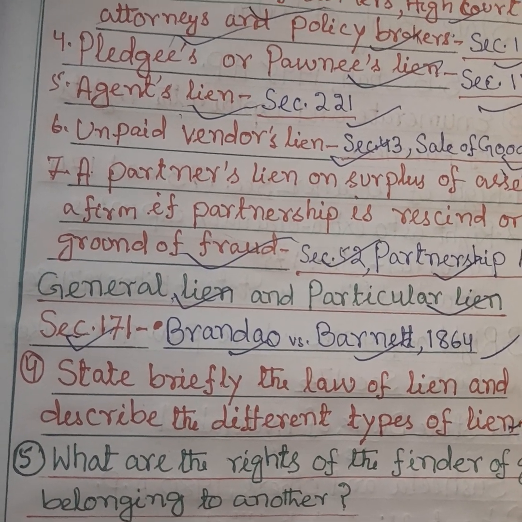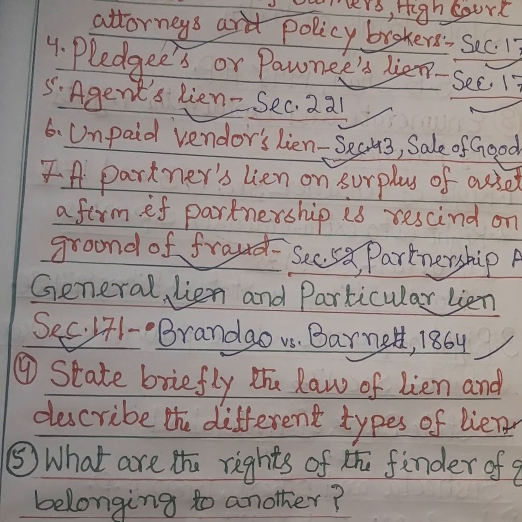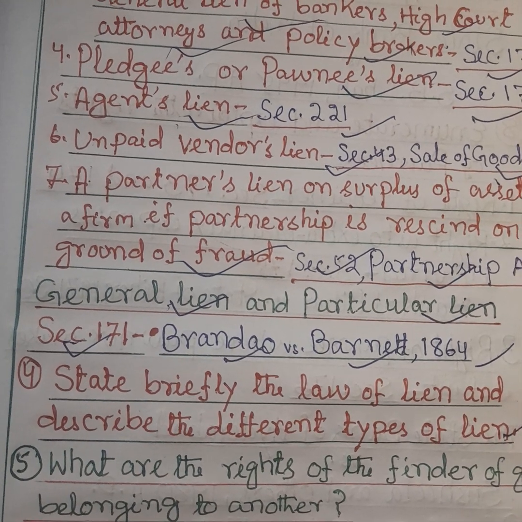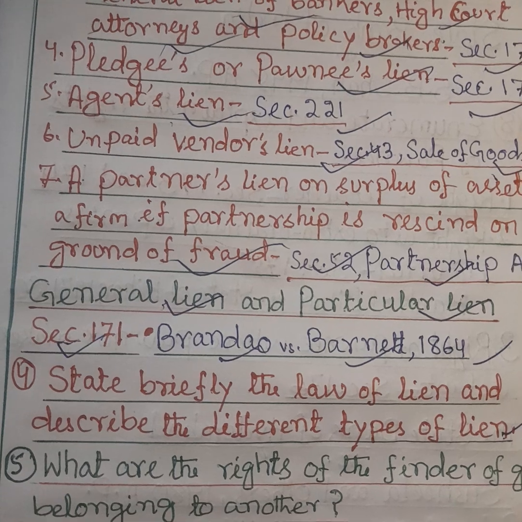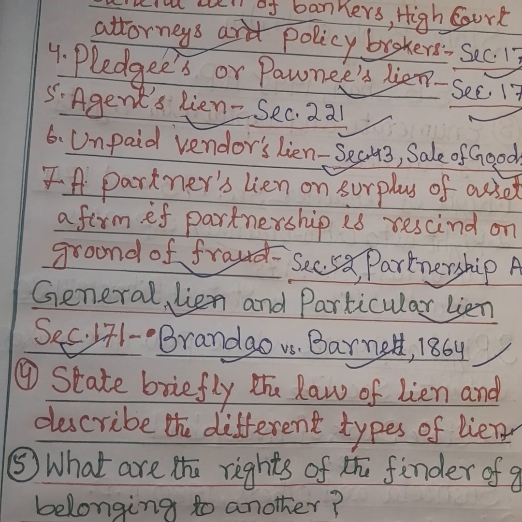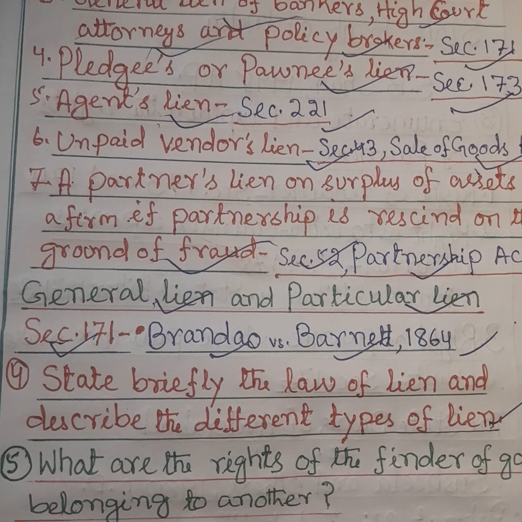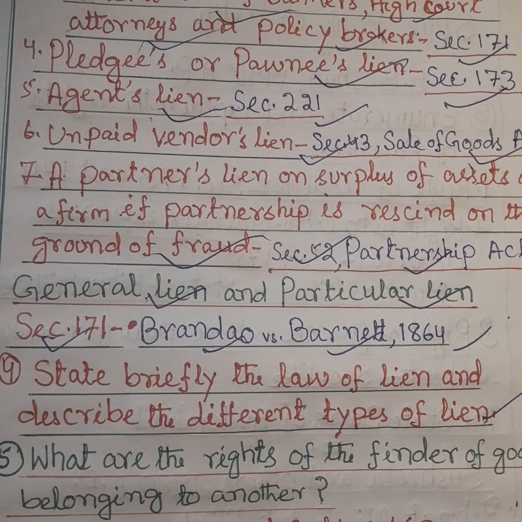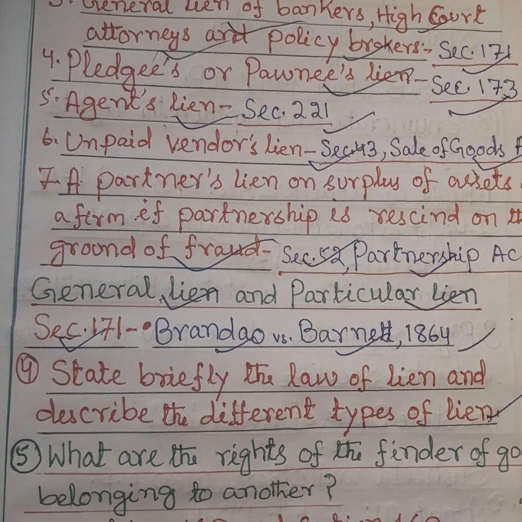But once being so established, it becomes part of the law of merchants and must be judicially noticed like any other part of the law, as it was decided in the leading case Brandao versus Barnett in 1864.